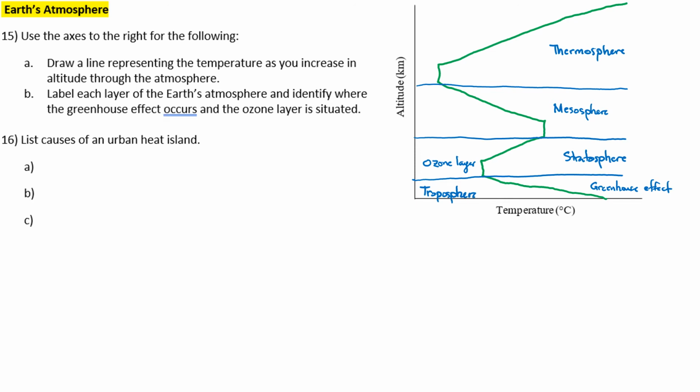Okay, number 16. List causes of an urban heat island. So causes, y'all, change in surfaces of urban areas, waste heat, and then population density. More people, more body heat there.